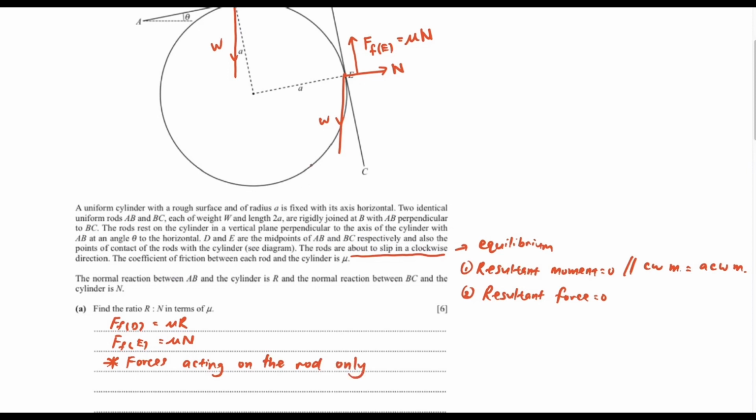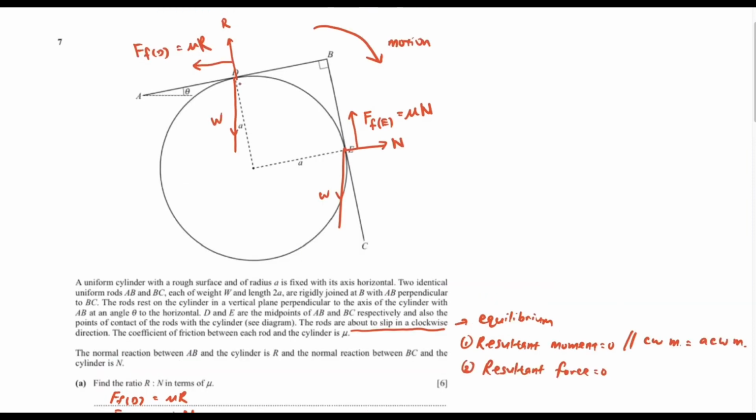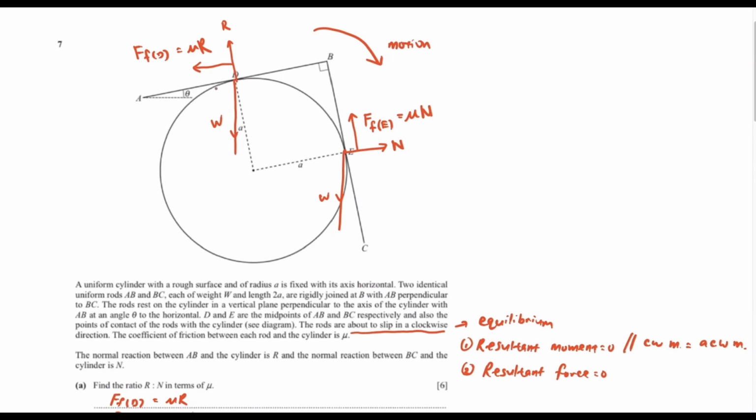Which are the ones that I labeled in the diagram? W, N, and then friction, W, R, friction.